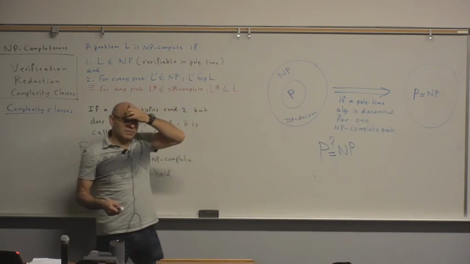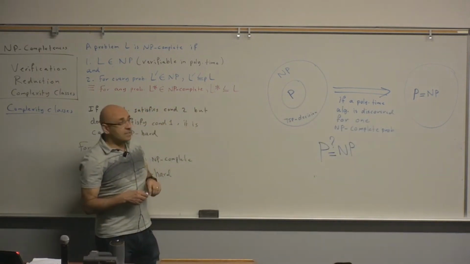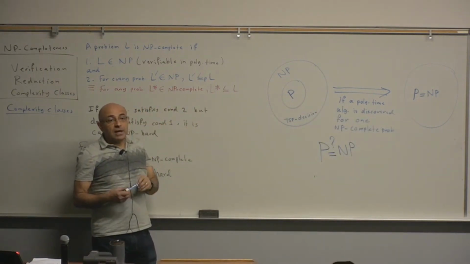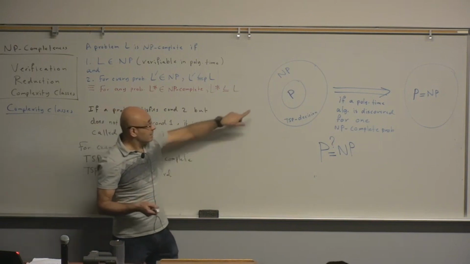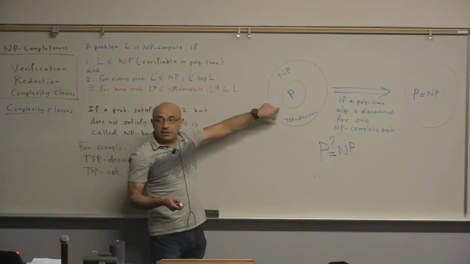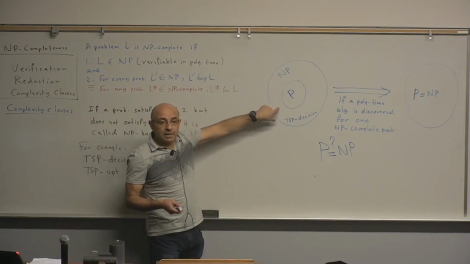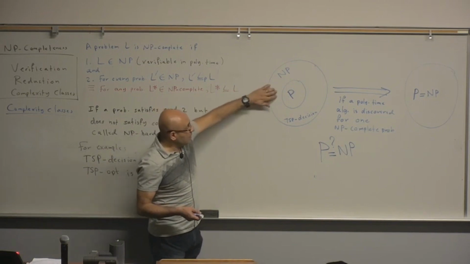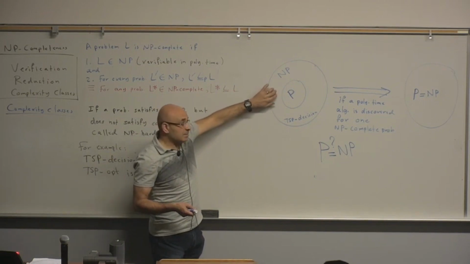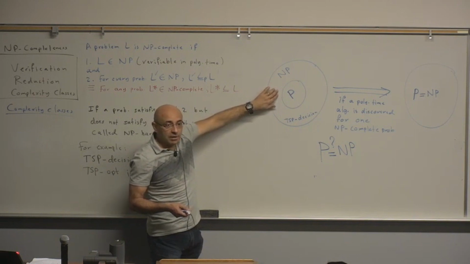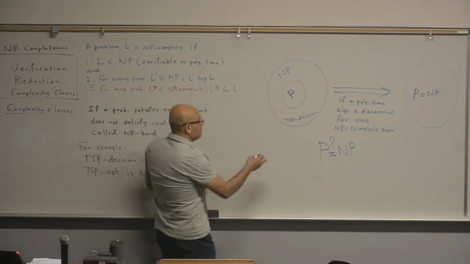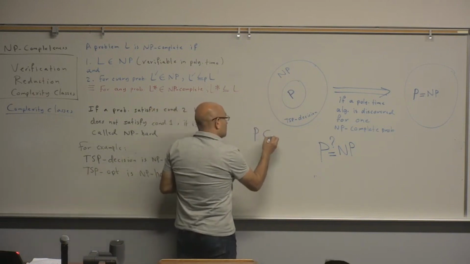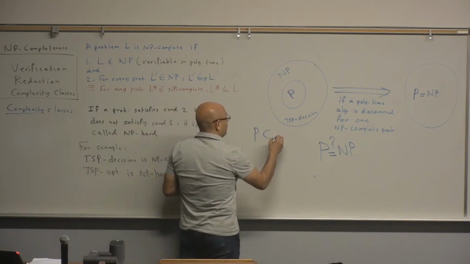We don't know which one of these two relations is the right relation. Most people think that this is the right relation between P and NP. Most people think that we have some problems that are not polynomially solvable, or that P is a proper subset of NP.